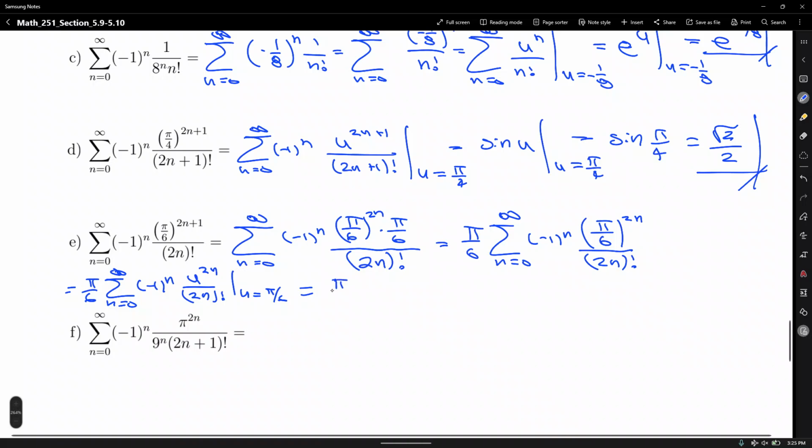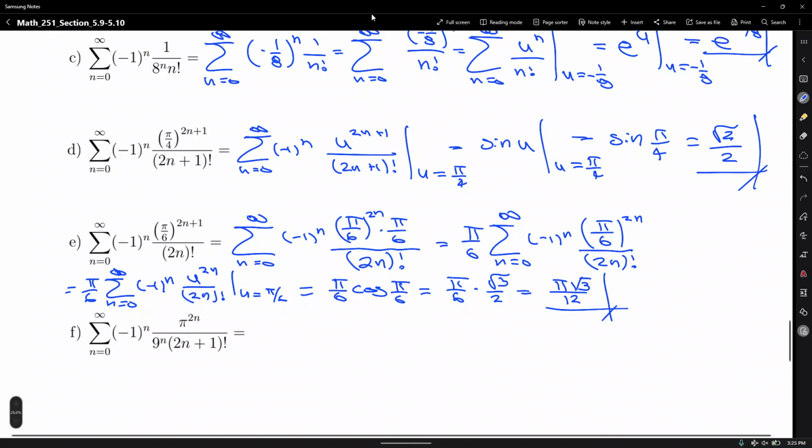That is pi over 6 cosine of pi over 6. But in this case, we can easily get the value of cosine of pi over 6 exactly because that's in the unit circle, right? What's cosine of pi over 6? Square root of 3 over 2. So pi over 6 times root of 3 over 2. Multiply across, pi root of 3 divided by 12. All right?